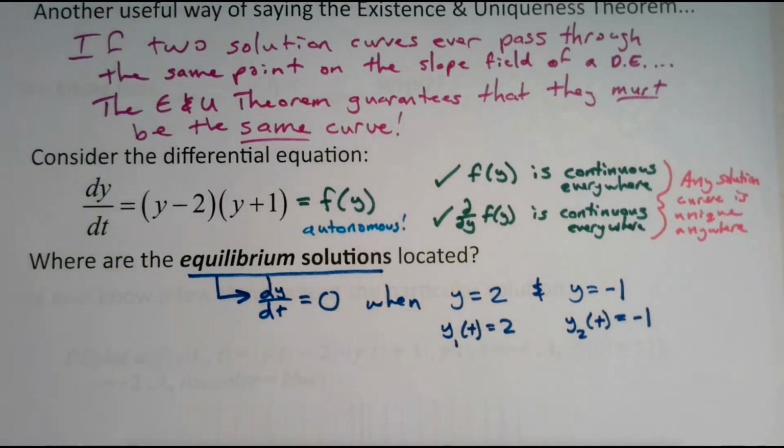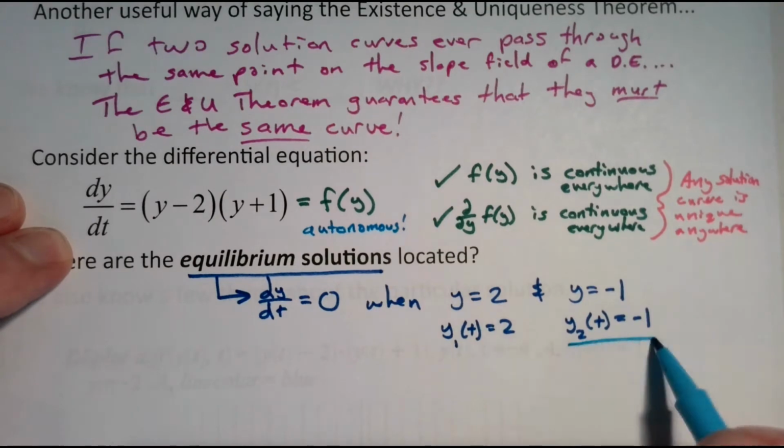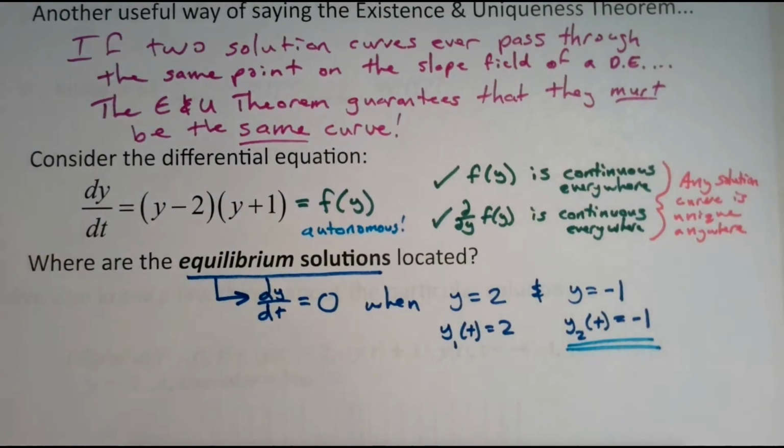Same thing over here. Just for giggles, and to be able to identify what they look like, I'm going to give them a little bit of color coding. I'll give this one a bluish color, and this one over here a greenish color.